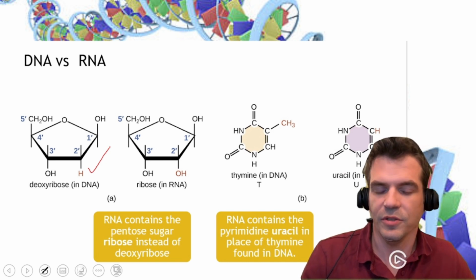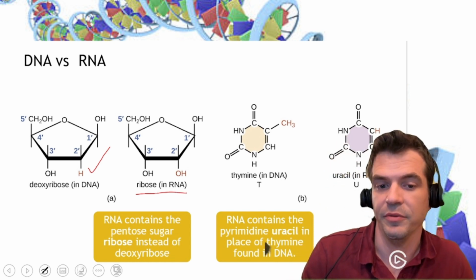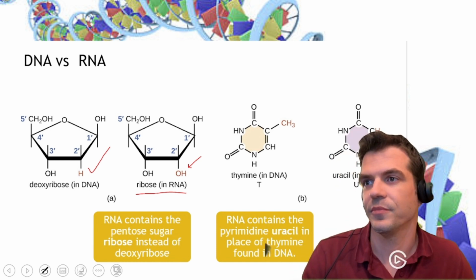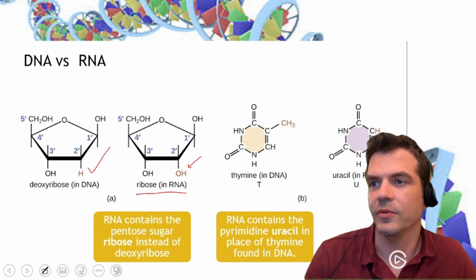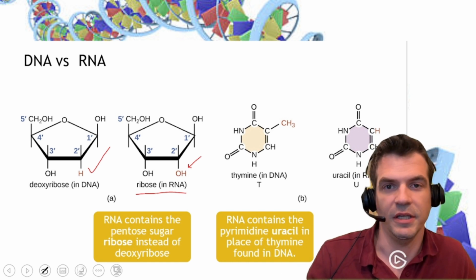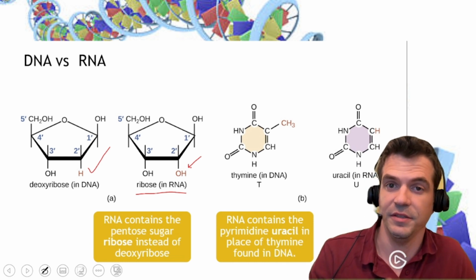Deoxy, no oxygen. And our RNA has ribose, just regular ribose. And it has that OH group there. And so it contains ribose instead of deoxyribose. DNA, RNA. That's where you get those letters from.